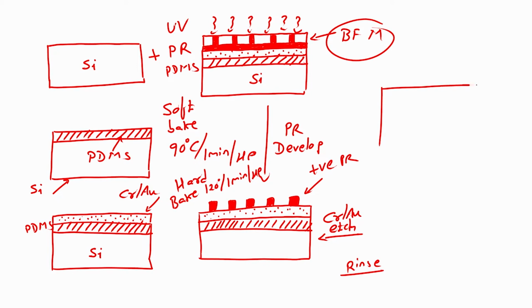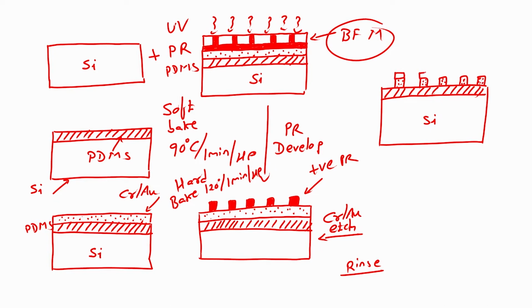I will have a substrate which is my silicon substrate on which there is a PDMS, on which my chrome and gold will get etched from the area which was not protected by positive photoresist.